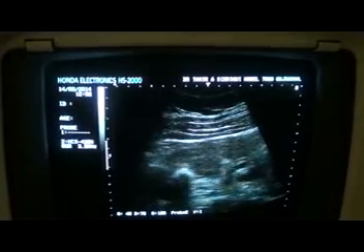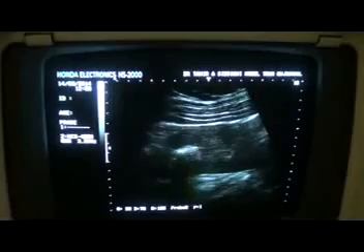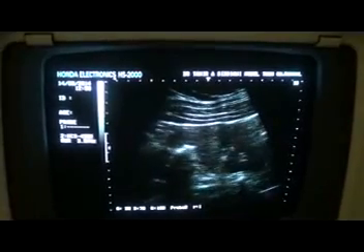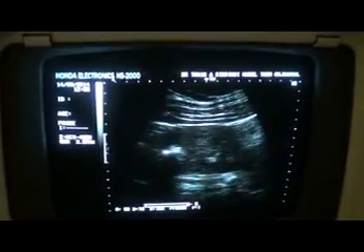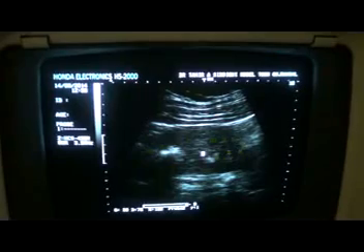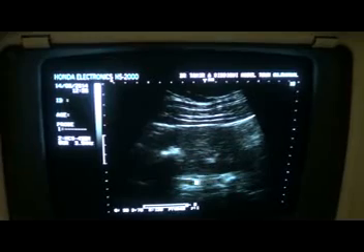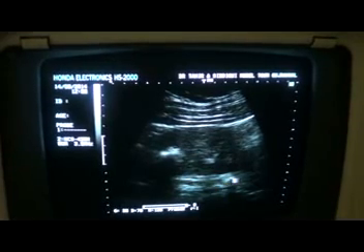Another thing to see in this case is that there is a calculus seen in the non-dilated proximal ureter. Now this is the right kidney that we're seeing in longitudinal section. This tube-like hypoechoic tubular structure is the proximal ureter, and here is the calculus giving posterior shadow.